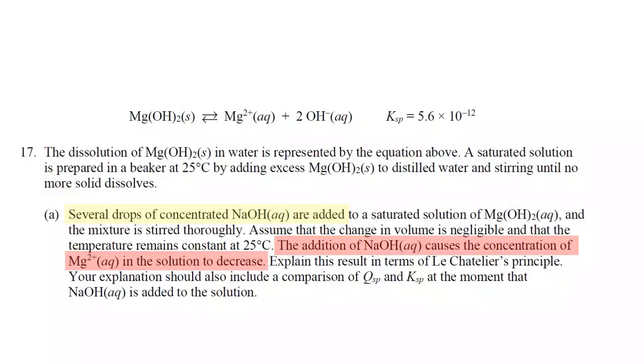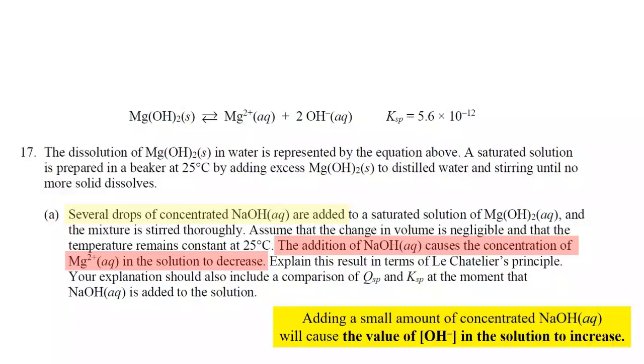added to the solution. So the change that is being made to this solution of magnesium hydroxide is that sodium hydroxide is added to it. So adding a small amount of concentrated sodium hydroxide will cause the concentration of hydroxide in the solution to increase.